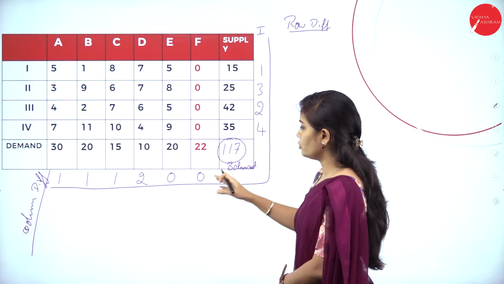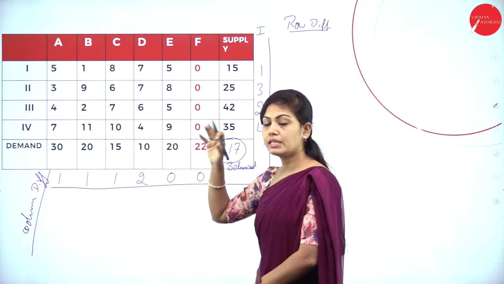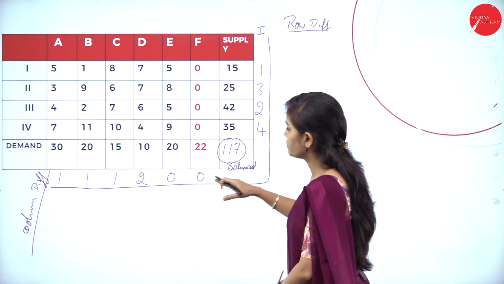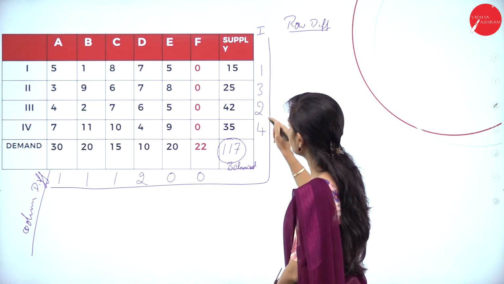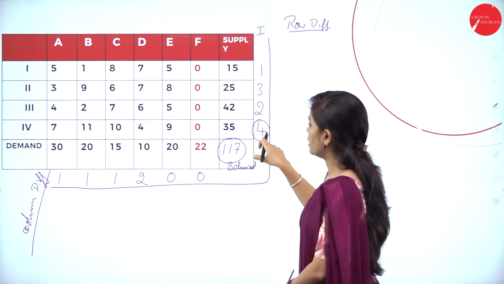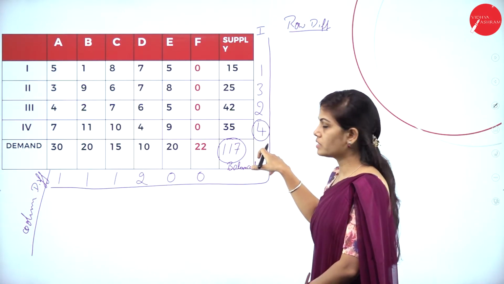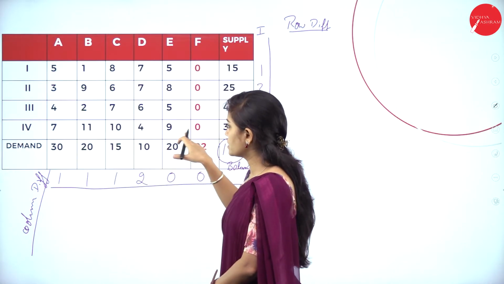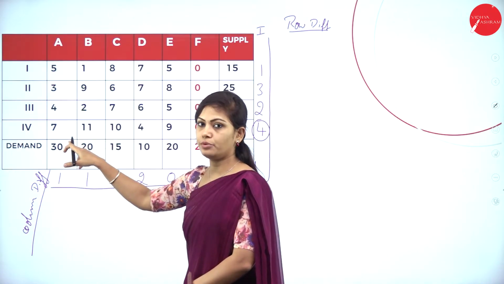Out of these values, you just consider the highest penalty cost. So which is the highest value here? The maximum value is 4. I will take 4 as the highest penalty cost. So it comes under the fourth row. You can consider this row for finding the least value, right?